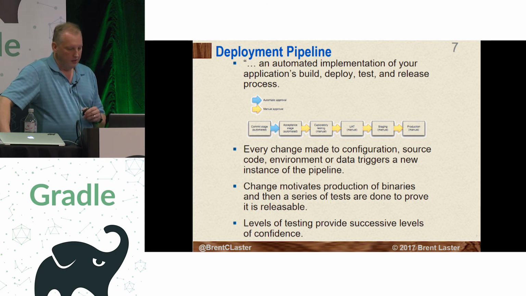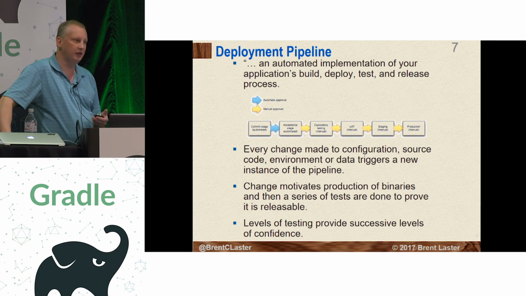Every change made to configuration, source code, environment, or data triggers a new instance of the pipeline. There's a subtle point worth calling out, and that is that a change made not only to the source code for your product, but to your environment as well, or to your data. All of those things should be under source control.